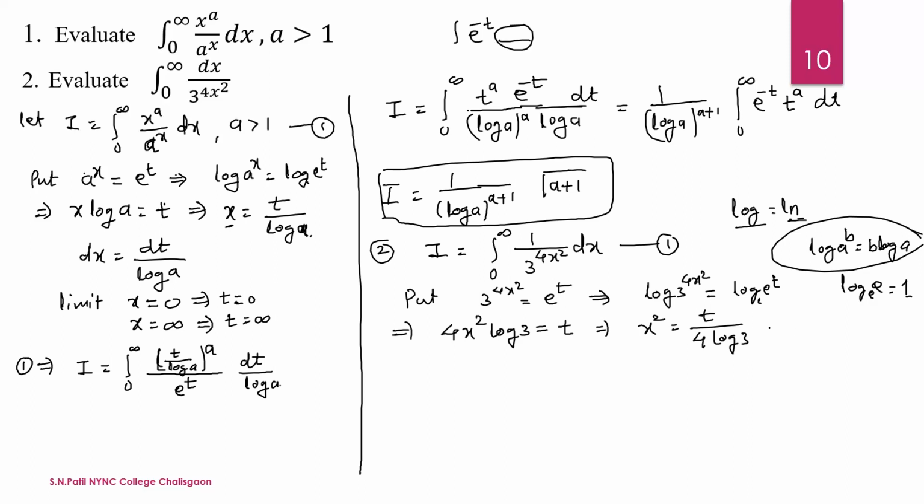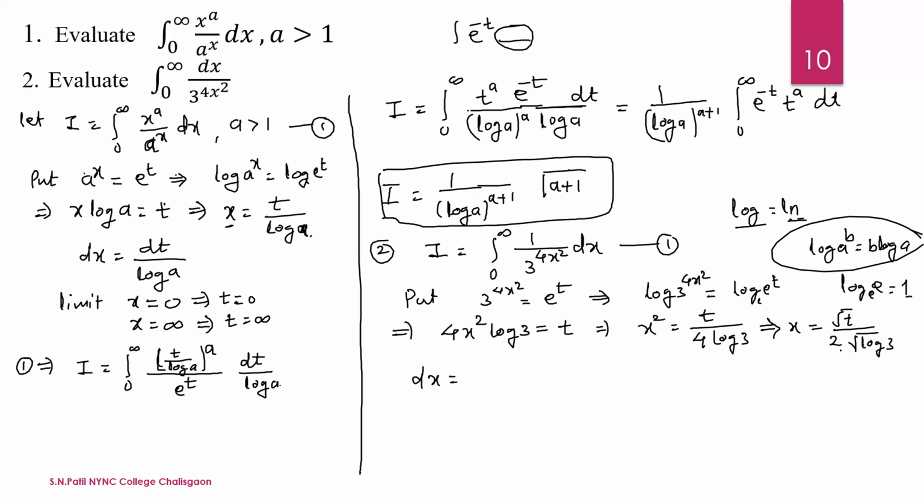So x is equal to root t divided by the square root of 4, taking the square root on both sides, that is 2, and here under root log of 3. Okay, now differentiate.